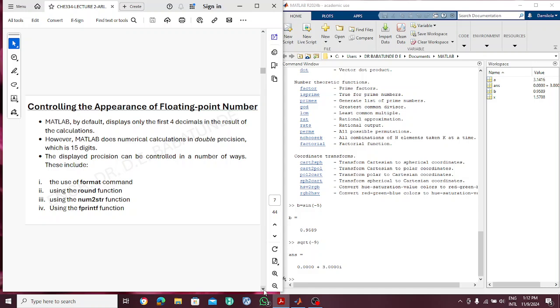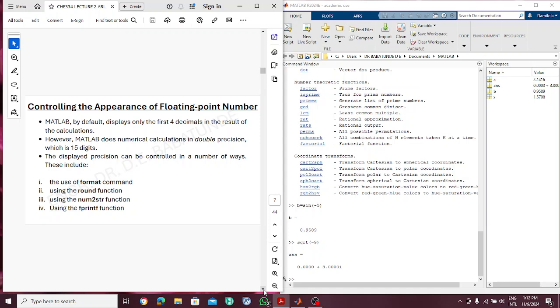Okay, with MATLAB we can have control over how our results are displayed. By default, we have said that MATLAB displays 4 decimal digits, but it can display more or less than that, and that will depend on the configuration we supply to MATLAB.